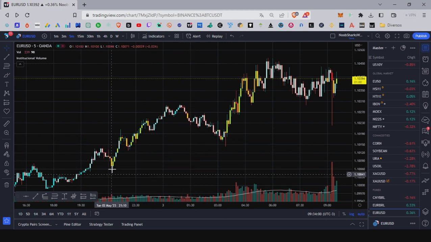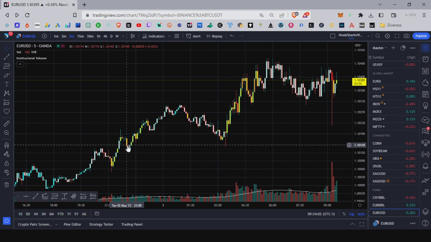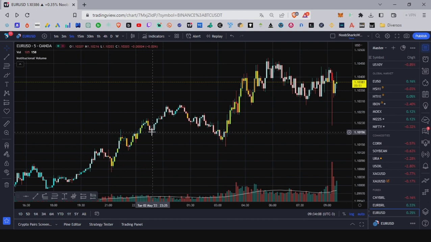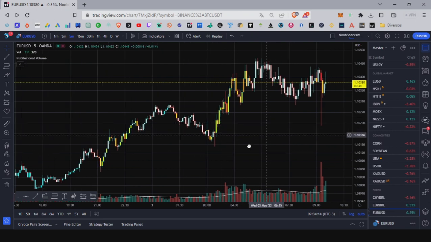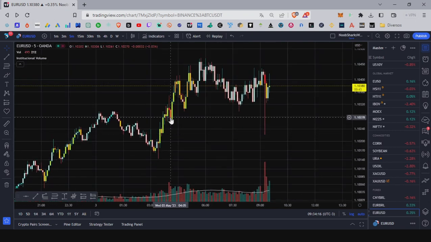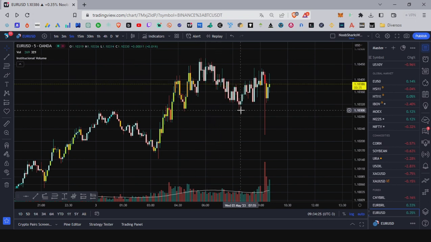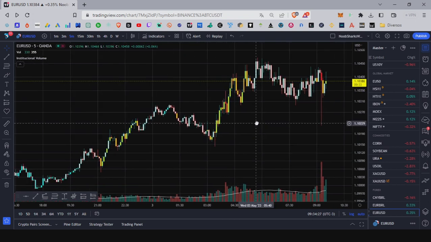You have up and you have a down, but then you have again an uptrend with volume and down with low volume, and finally you have an uptrend with low volume, and then you have a price change. Okay, here you can see this again. Uptrend, high volume. Downtrend, low volume, uptrend, low volume, and then you have a retracement. So this is really great, guys.